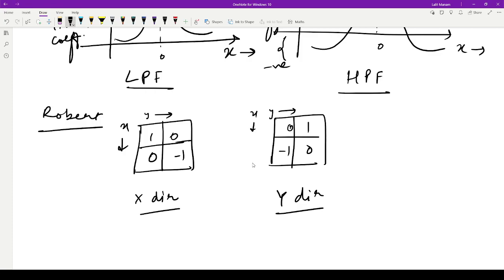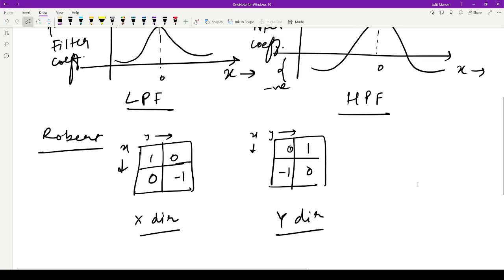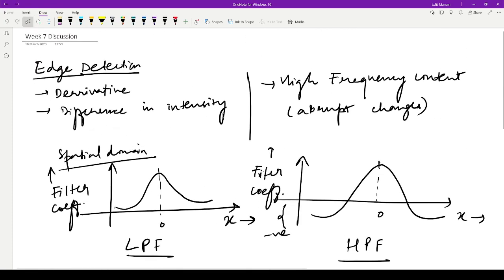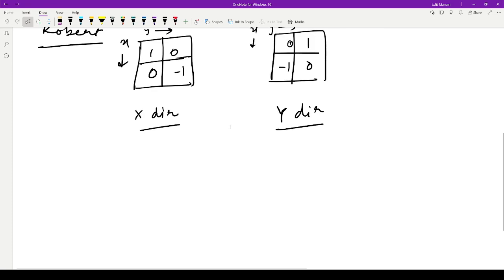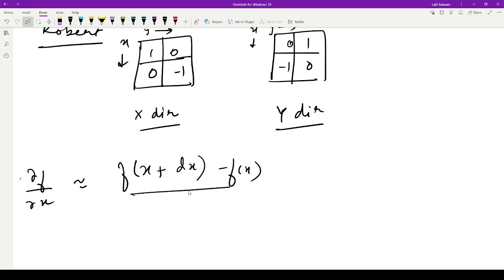So someone was saying that you need the difference in intensity, which is equivalent to taking the derivative in the smooth continuous domain. In the discrete domain, it's the difference in intensity. So del f by del x, of course this is an approximation, is f(x plus dx) minus f(x) upon dx.